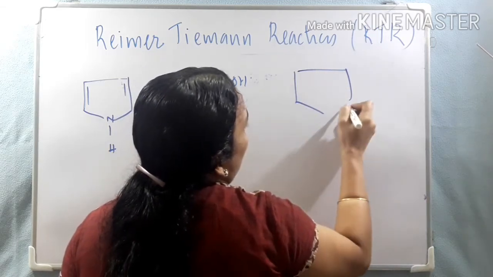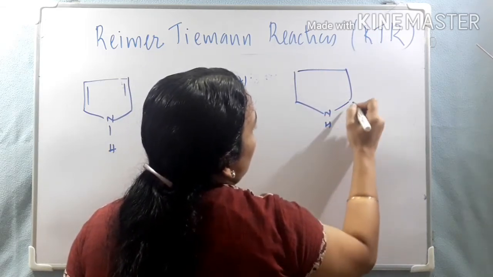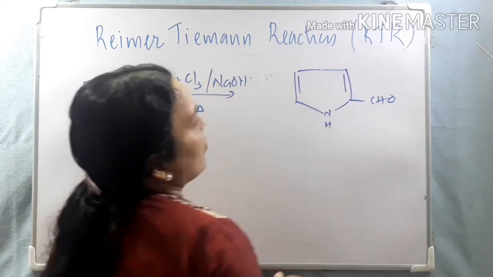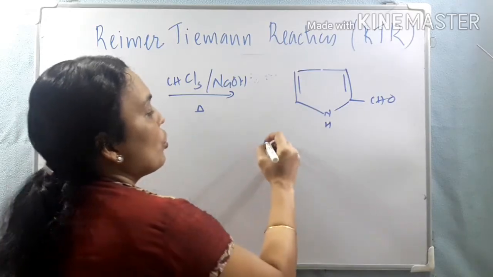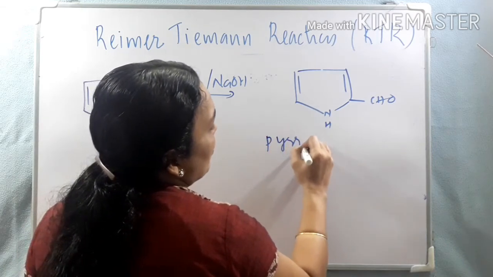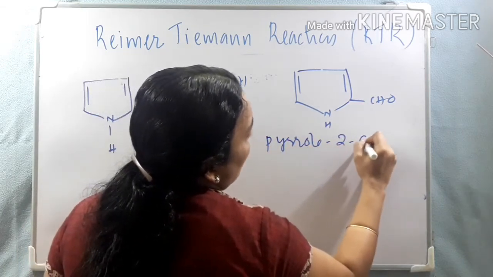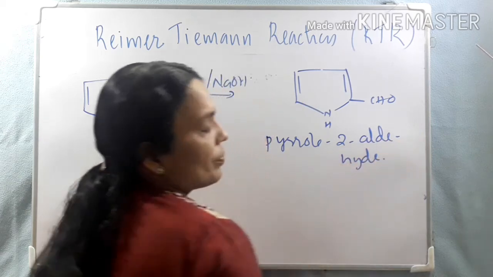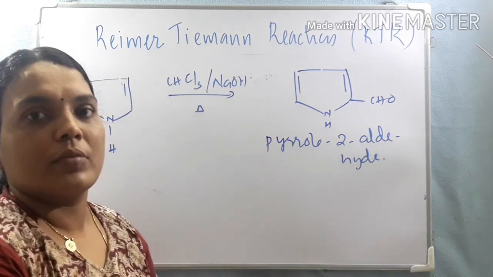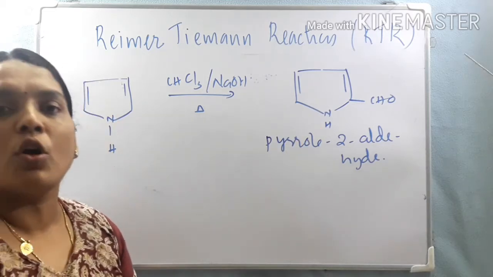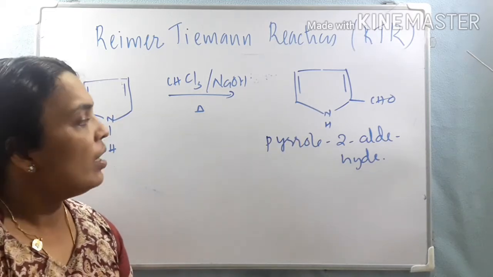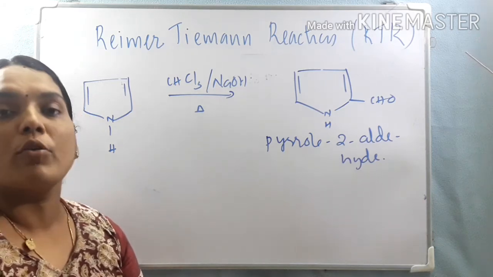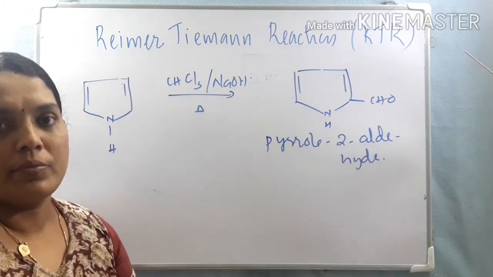Look here, the product is pyrrole 2-aldehyde. In the case of heterocyclic compounds also this reaction is feasible. So we have a product like pyrrole 2-aldehyde.